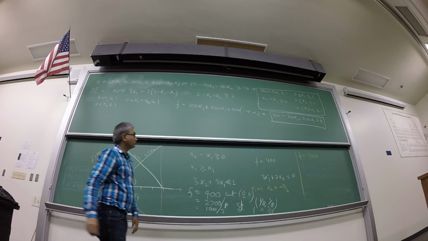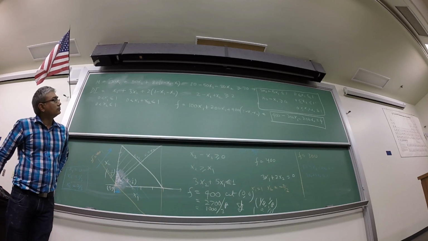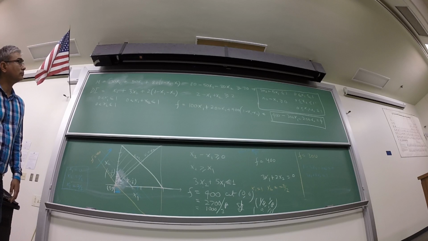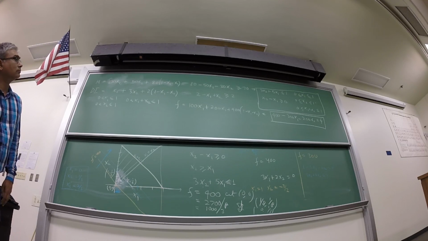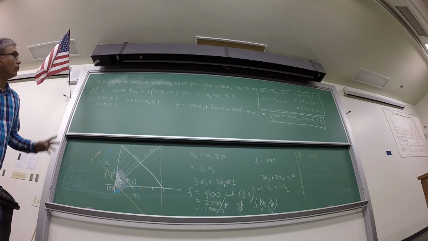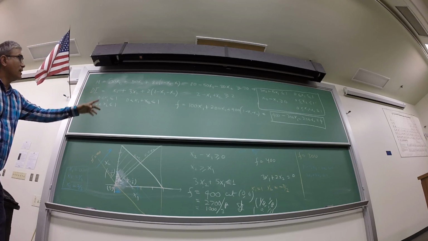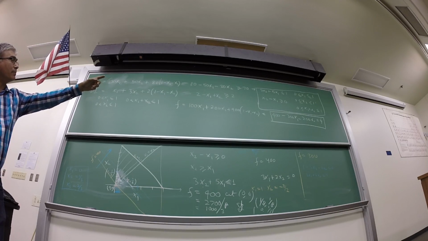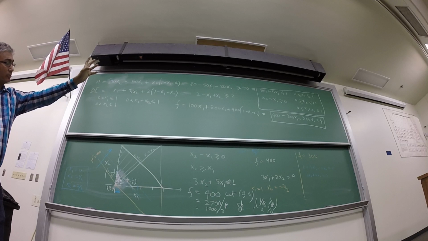Right? Right, 400 minus, no, what did I do? Yeah, x1 is 0, so it's minus 200 divided by 3, 1200, 1000, yeah.